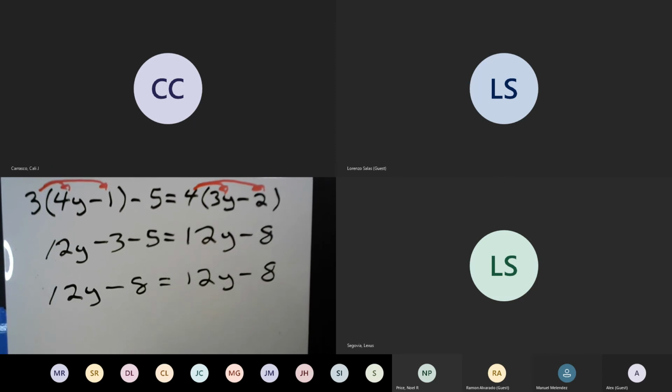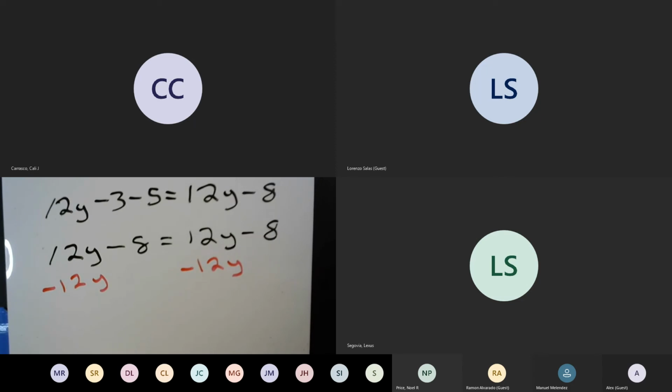And we can move the 12s over, get the y's on one side. So this will cancel, goes away. But what's going to happen on this other side? 12y minus 12y. Well, that's 0. So we cancel it here, and we've actually ended up canceling it over here.